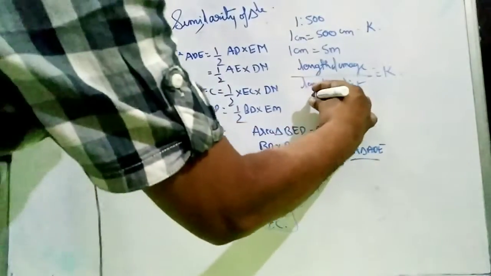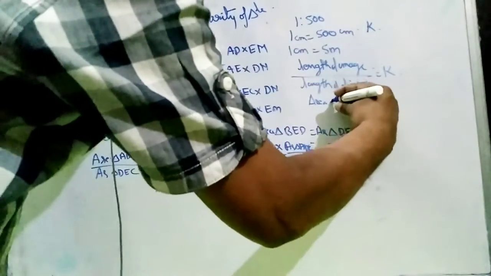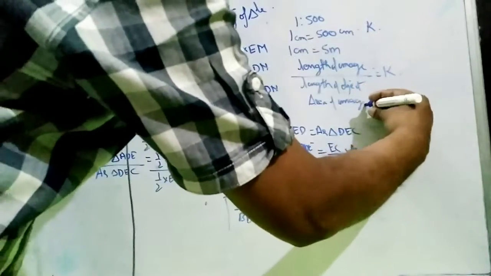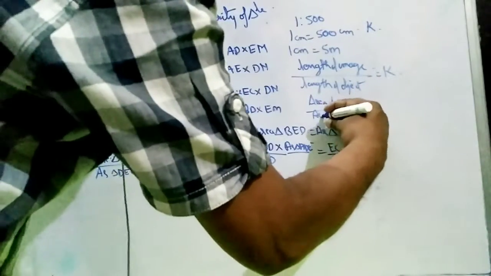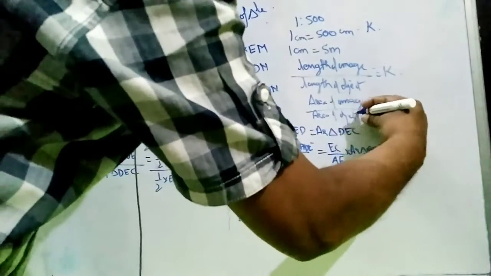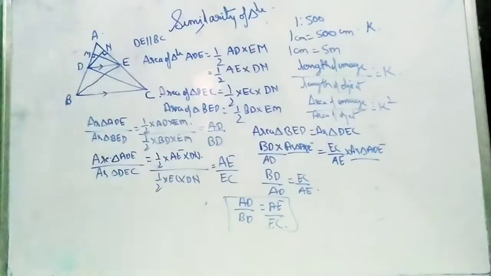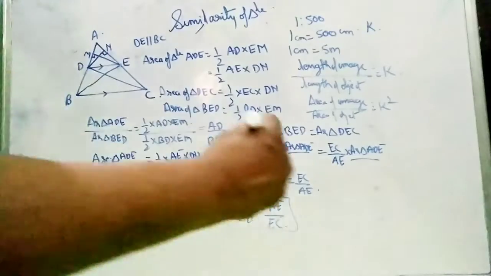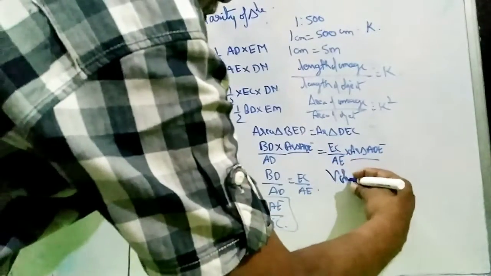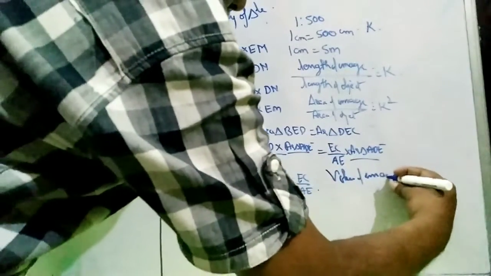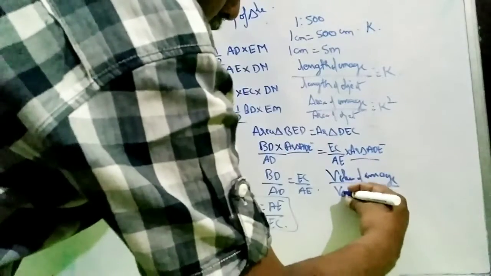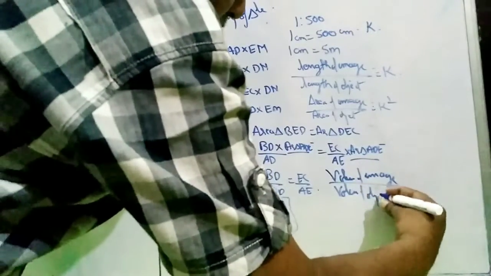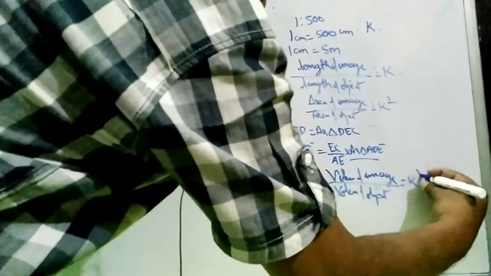But when you are finding the area, area of image upon area of object is always equal to K square, and the volume of image upon volume of object is always equal to K cube.